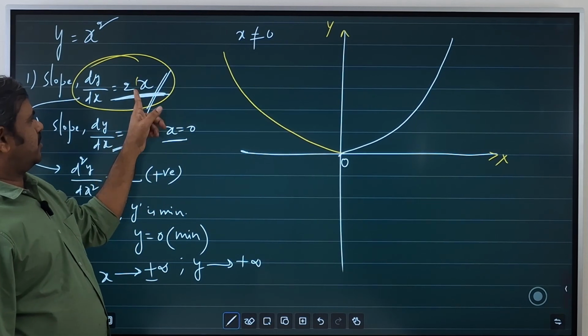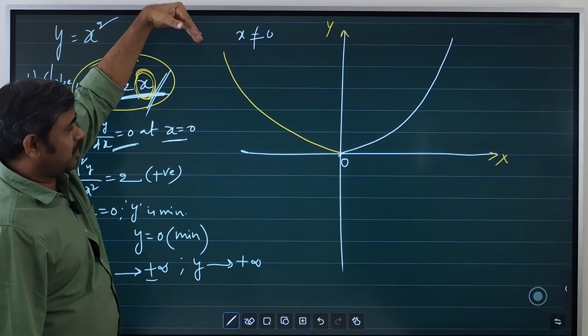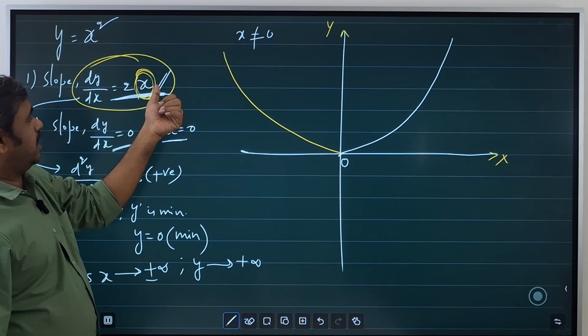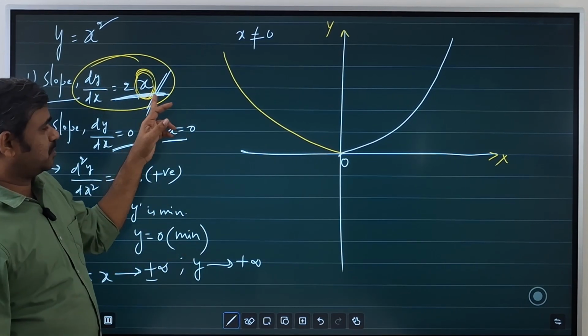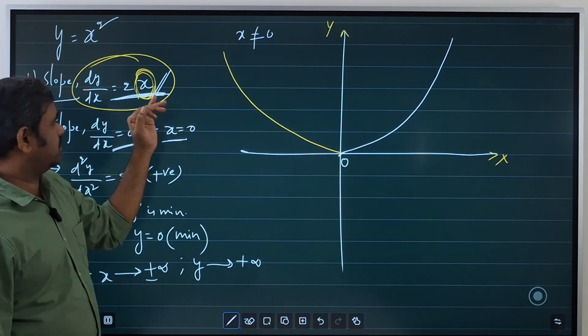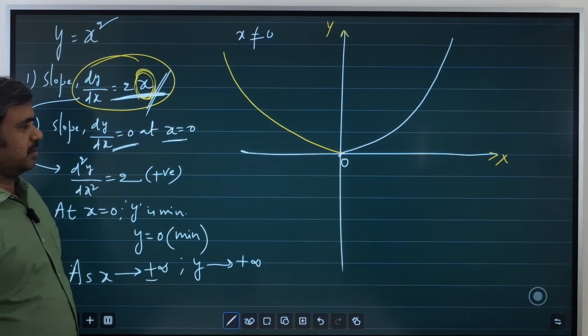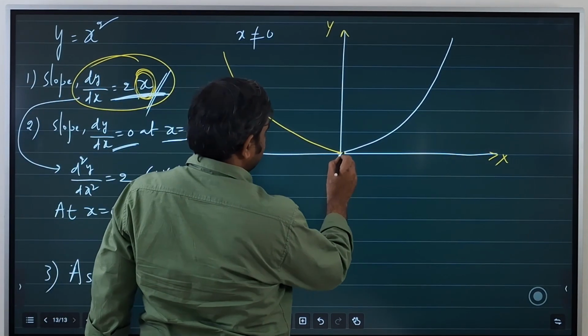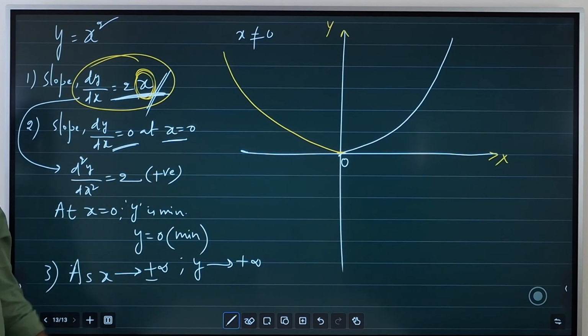For large negative values of x, magnitude of slope is high. As magnitude of x decreases, as x comes close to 0 from the left side, the graph becomes flat. Okay, so at x is equal to 0, it takes a turn. Y becomes minimum. So this is the shape of the graph.